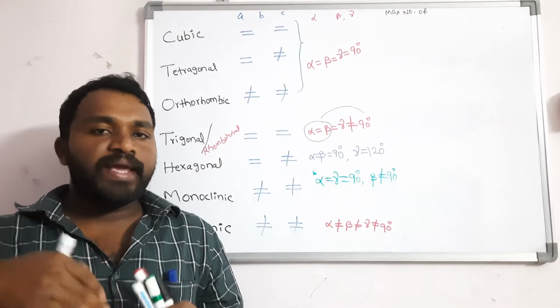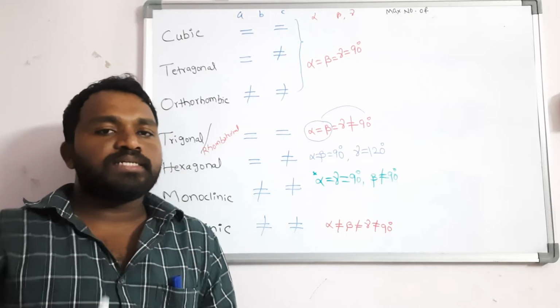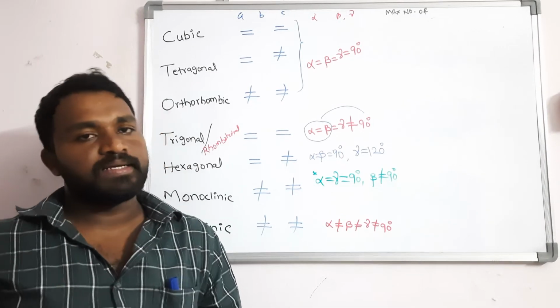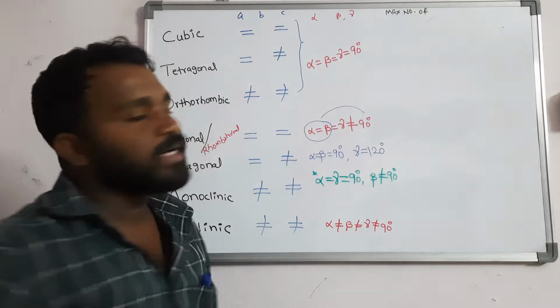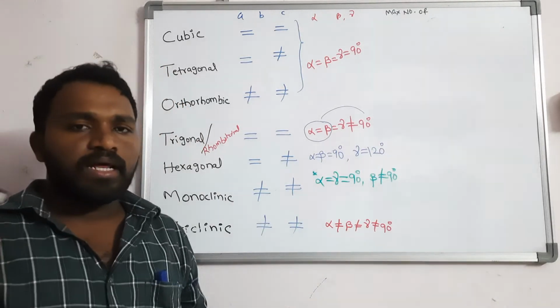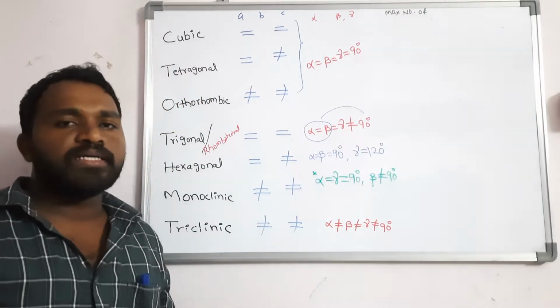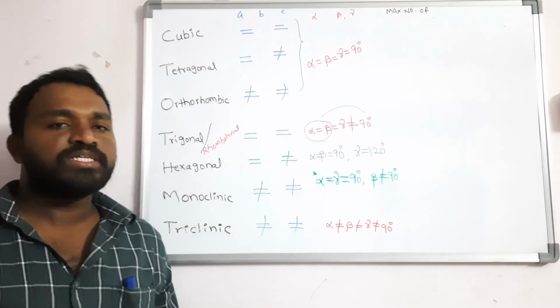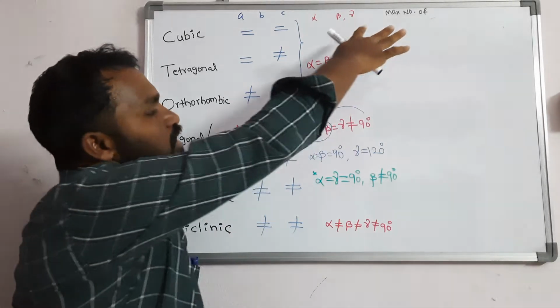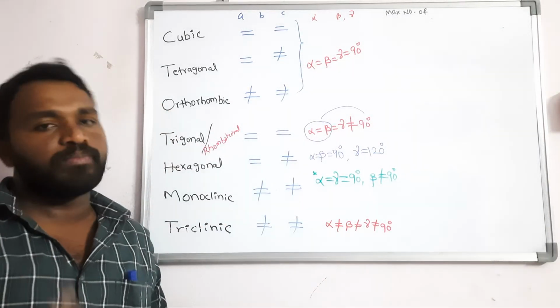A plane of symmetry cuts either horizontally or vertically, and there is also a diagonal plane of symmetry. That we will discuss, but I am going to just use a code trick, because in the exam the detailed explanation is not required. Whatever code I am giving, that only you should learn by heart, right?